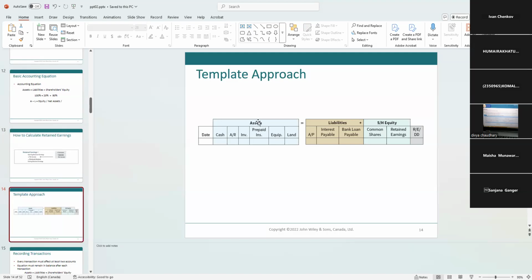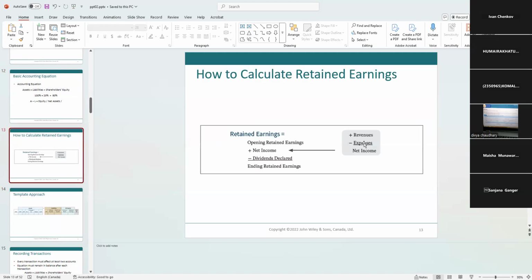So on the template, you're going to see that we have assets, assets, assets. Then we have liability, and then we have shareholders' equity. And there is one section which is called revenue, expenses, dividends. From that section we're gonna get the retained earnings.